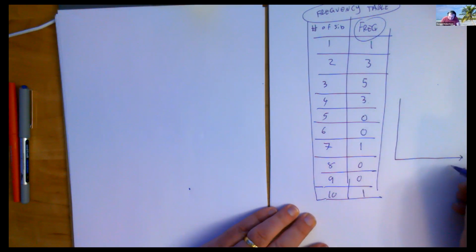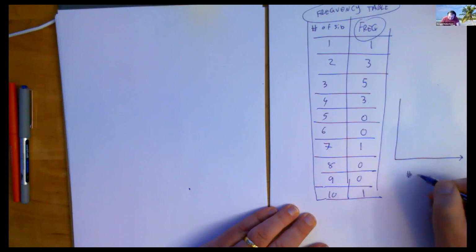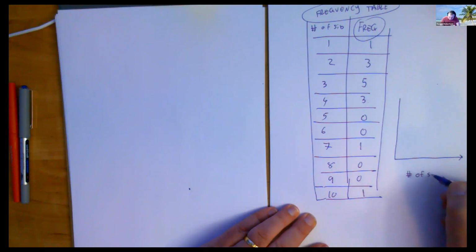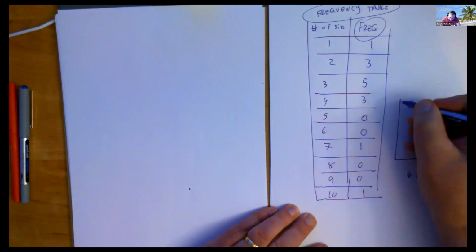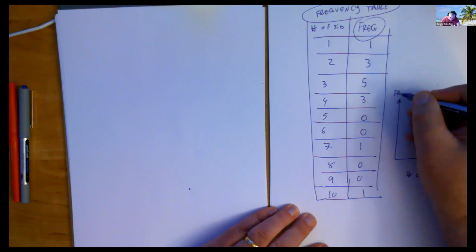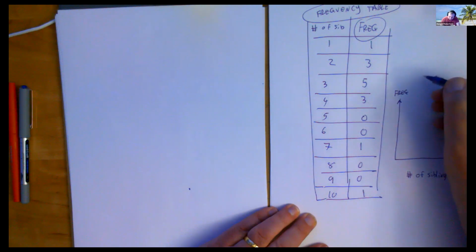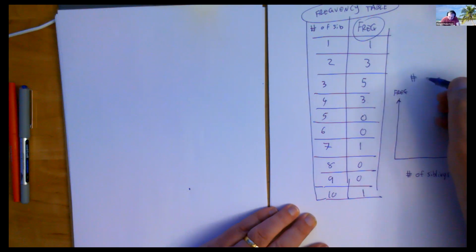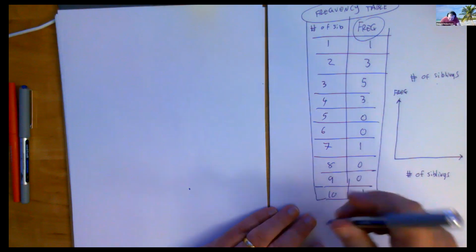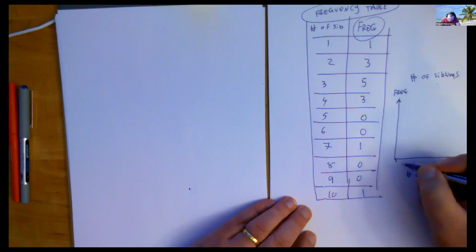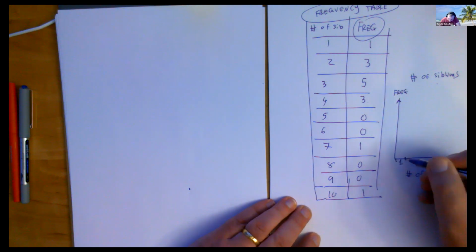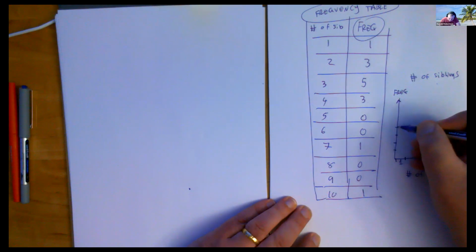Along the horizontal axis, you put a label telling people what you're counting, in this case, number of siblings. And the vertical axis is going to be the frequency. Then you go 1, and what's the biggest number I need? 10.